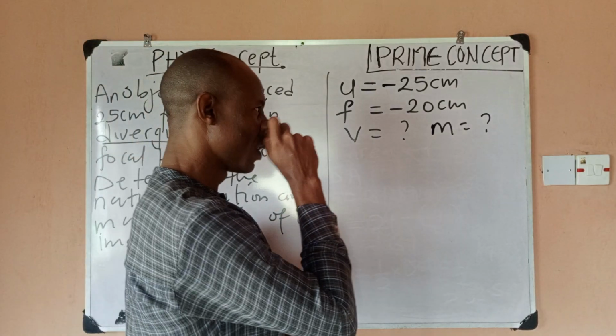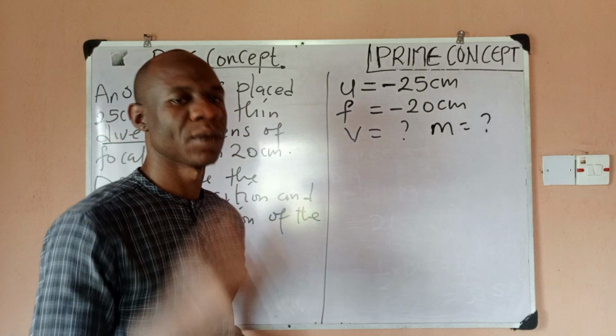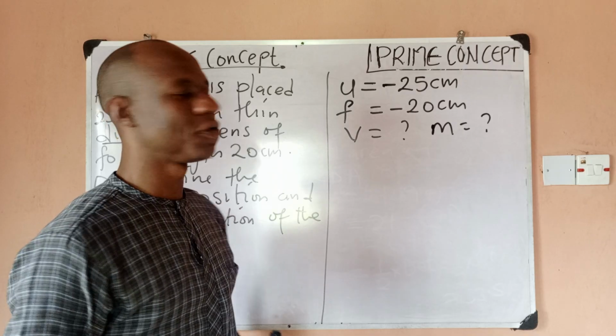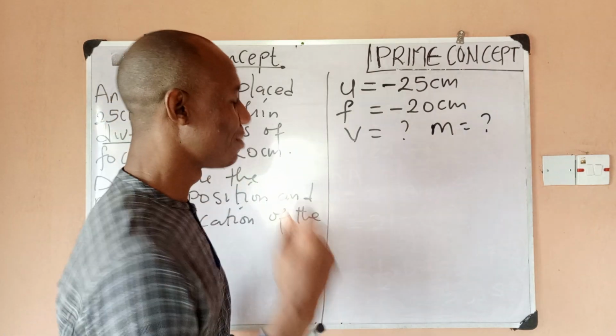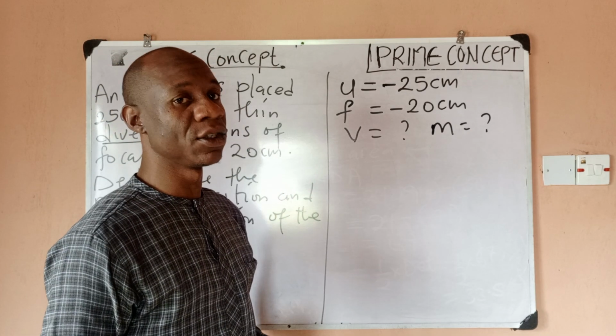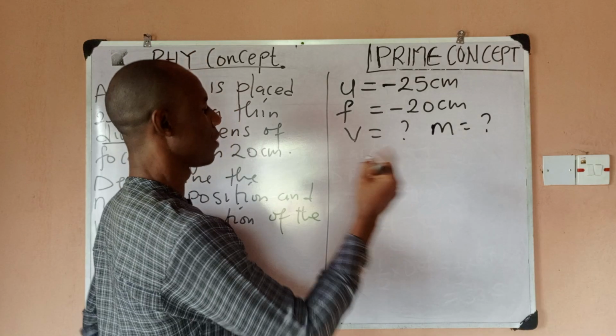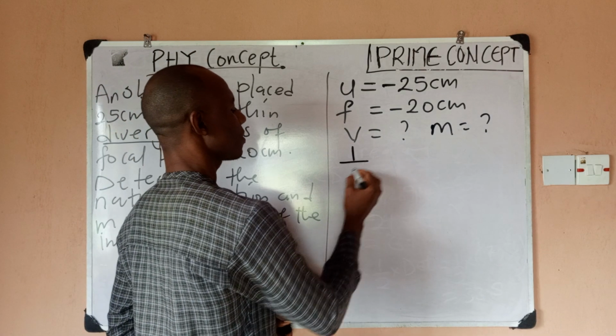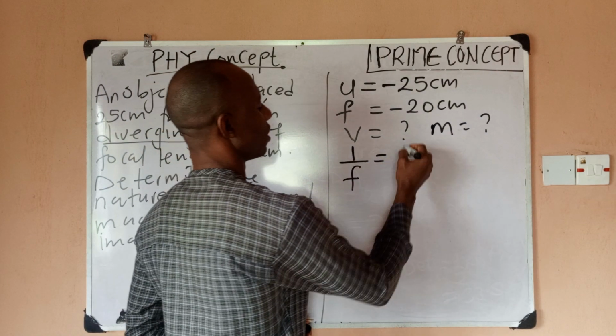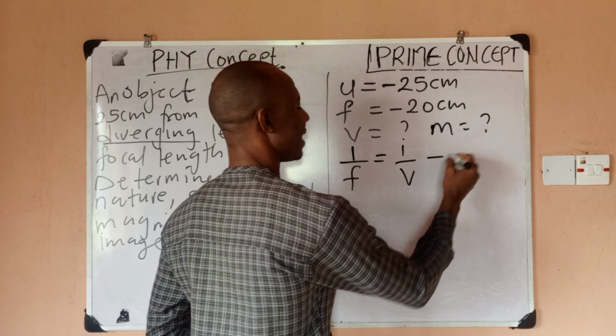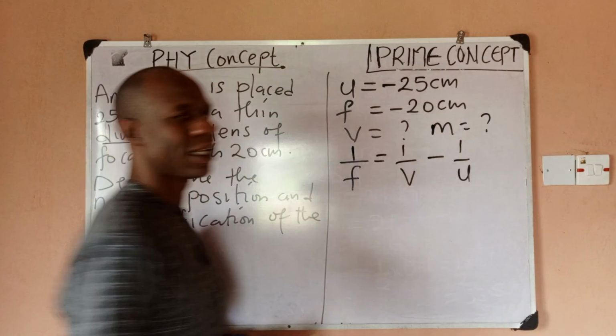So let's solve this. We'll be applying the lens formula that was derived in our previous video. And the formula, remember, is different from that of mirror, so take note of the difference. For lenses, we have 1 by f equals 1 by v minus 1 by u. So this is the lens formula.